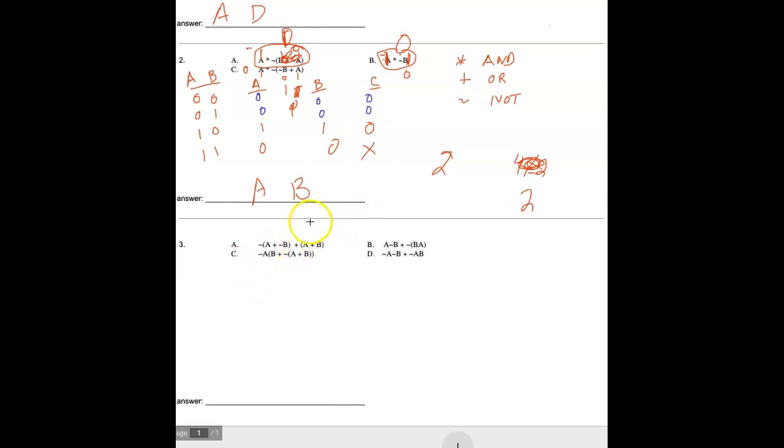So looking at A, A has a situation where De Morgan's law can break up that set of parentheses. So De Morgan's law says that when you have not of something in parentheses with a plus, this plus here changes to, in this case, a star, because that's the opposite of plus in Boolean algebra. And this not applies to the A term directly.